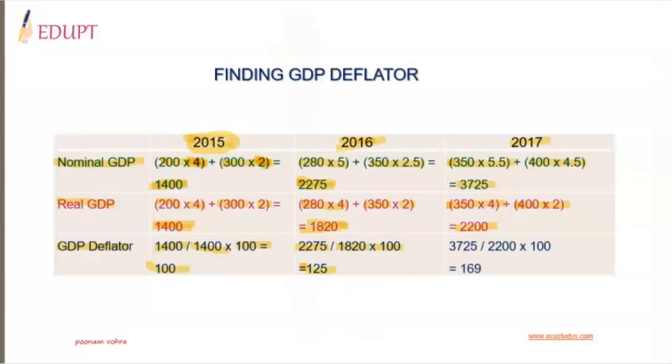It implies that there has been an increase in price by 25% in 2016. For 2017, once again, nominal GDP 3725 divided by real GDP, which is 2200 multiplied by 100, and one gets 169 as GDP deflator in 2017, implying that there is a 69% increase in the prices in this year.